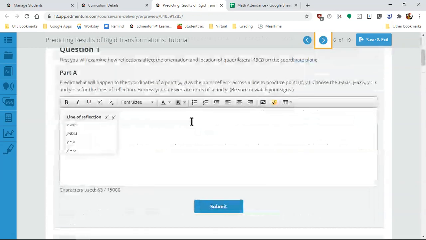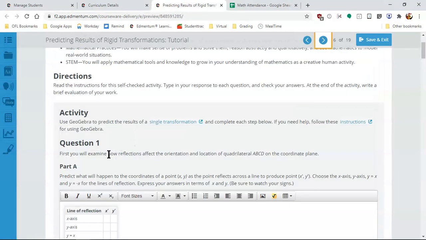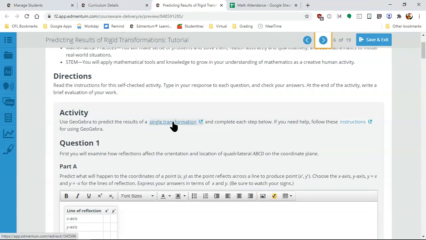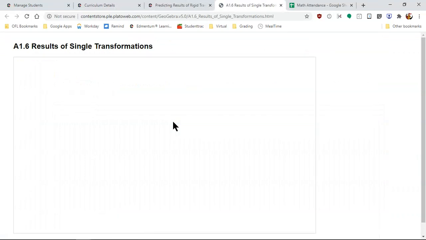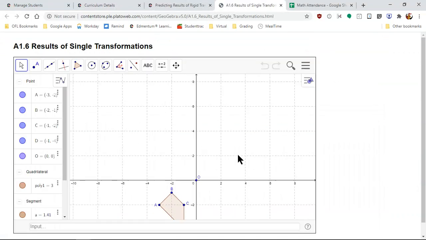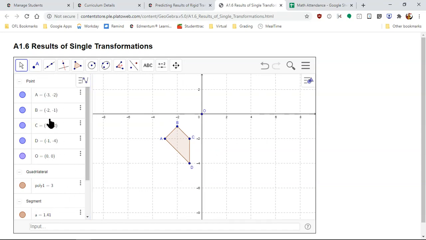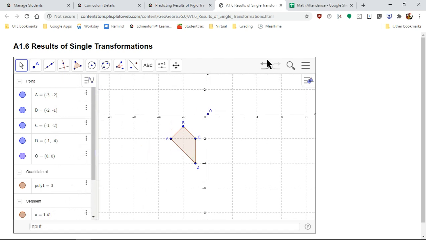Okay, cool. It loads. All right, so here, the first thing we're going to do is predict what will happen to the coordinates of x and y when we do this. So we're going to reflect, and see what's going to happen here. We're going to go on here to single transformations. If you ever want to see where the points are, you can look right here. This actually tells us what the points are. You can always make this bigger or smaller.